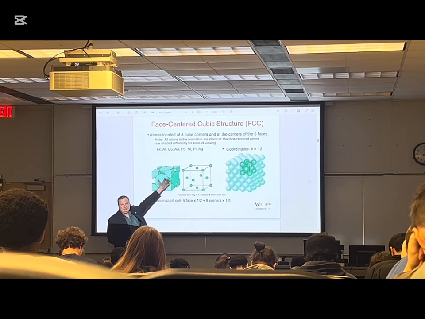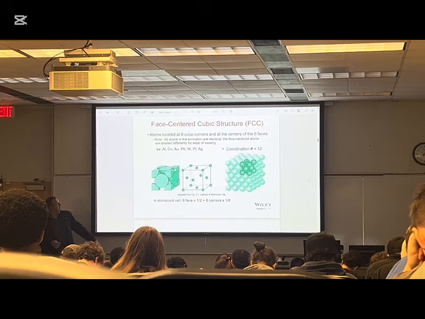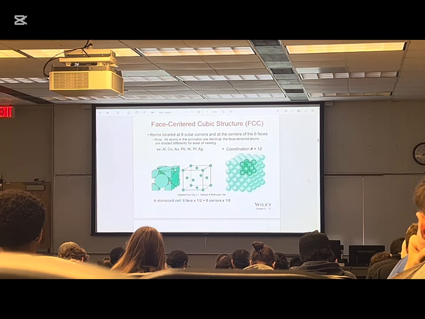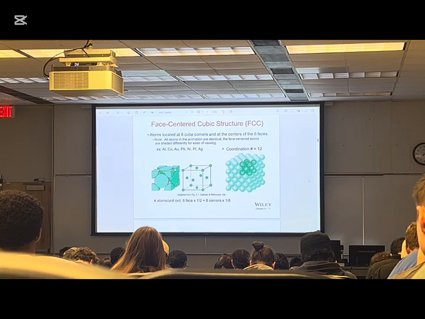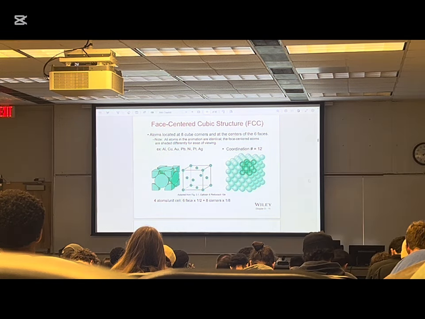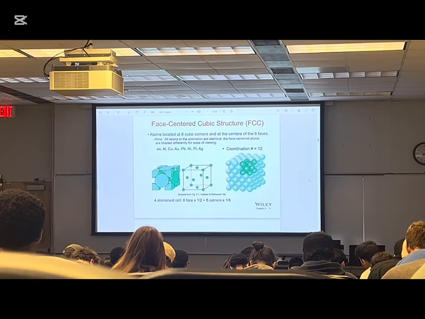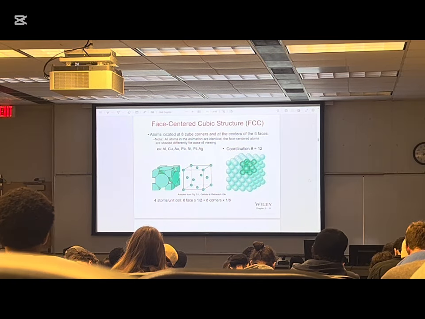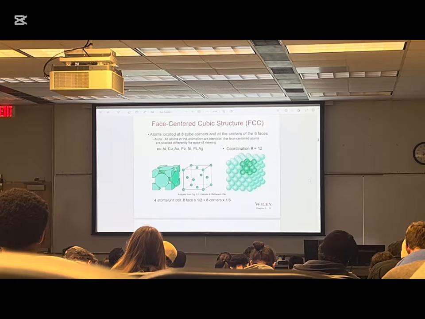By the way, there were some examples. Most of the metals, like aluminum, copper, gold, platinum, nickel, have this kind of structure. And if we were to calculate the coordination number, the number of the nearest neighbors, for the FCC structure, it is 12. So from 8 we go to 12.